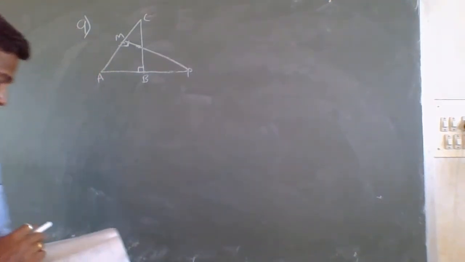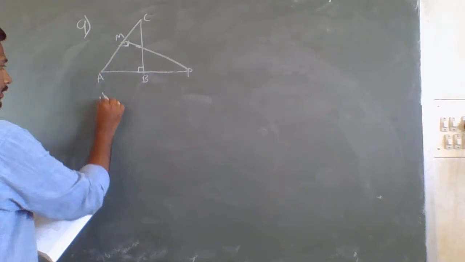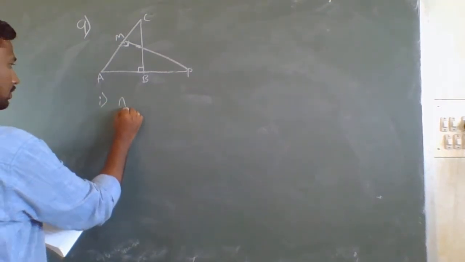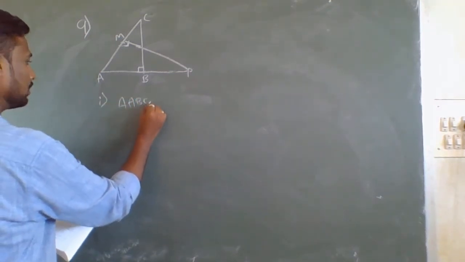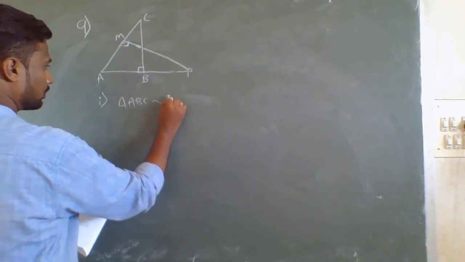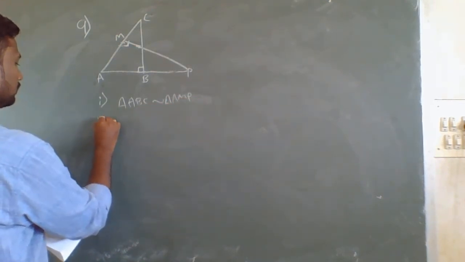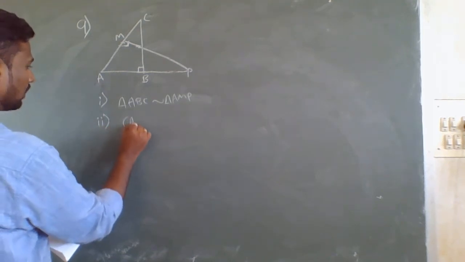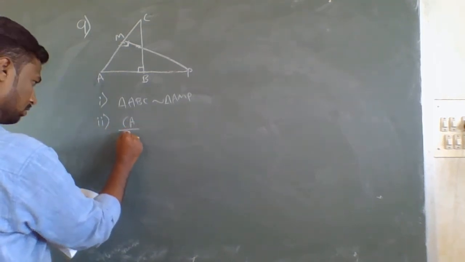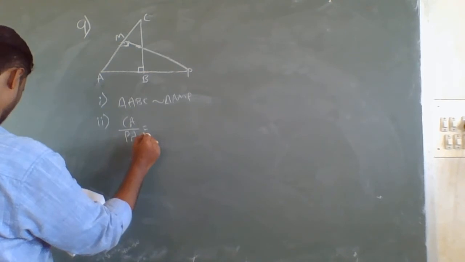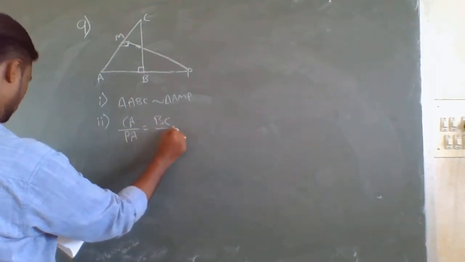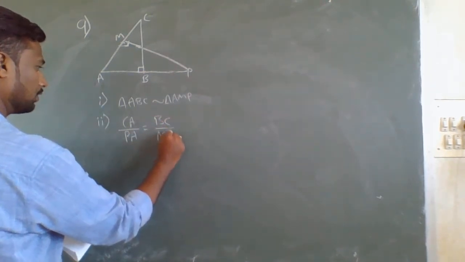Prove that first, triangle ABC is similar to triangle AMP. Second, CA by PA equals BC by MP.